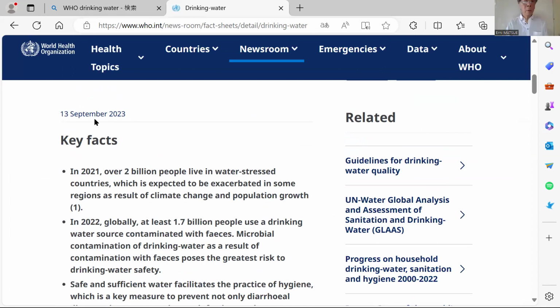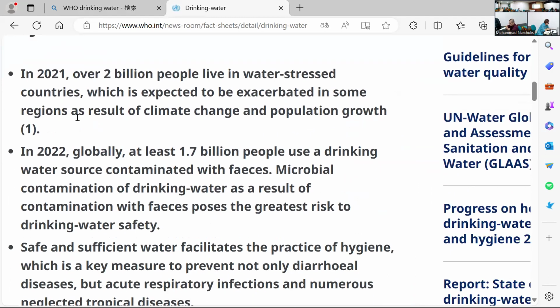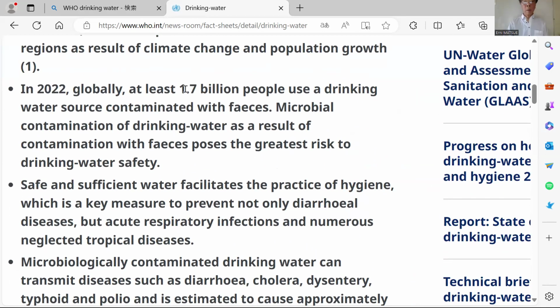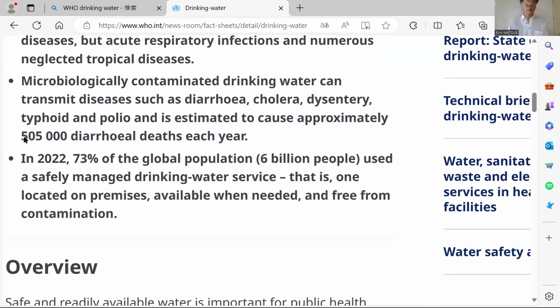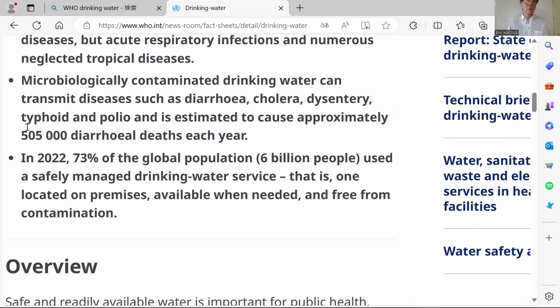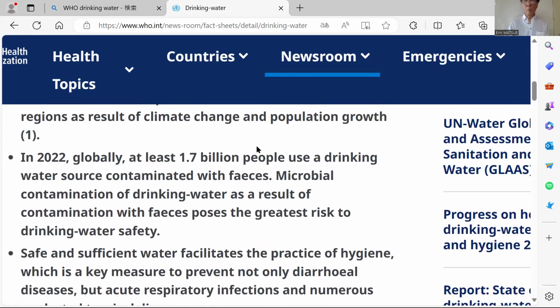Last year, September. 1.7 billion people use drinking water contaminated with feces. As a result, 500,000 infants, mostly young children, die each year. So this is a big issue. I think this is a very big issue.